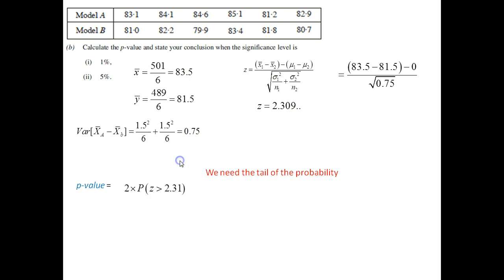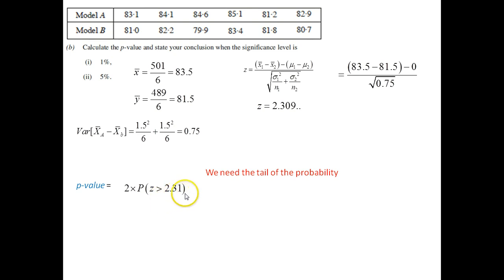Therefore, our p-value, it was two-sided, is one greater than the other, significantly greater, so we want to check.